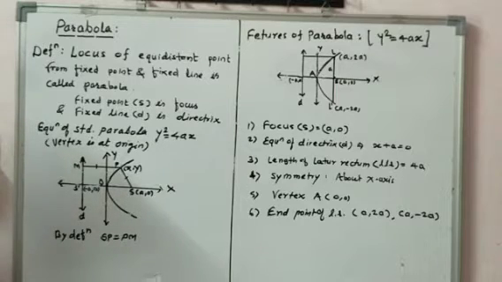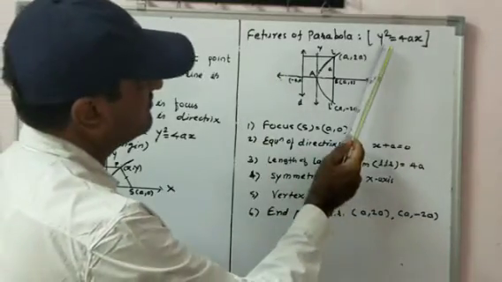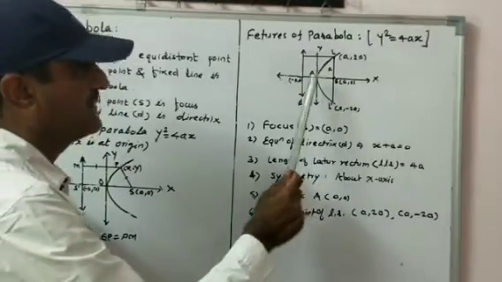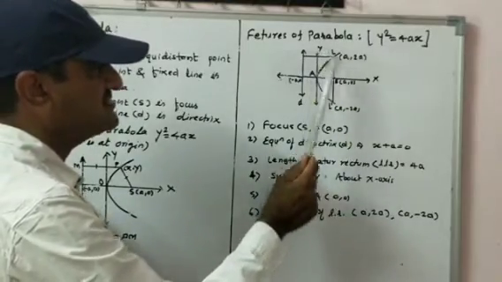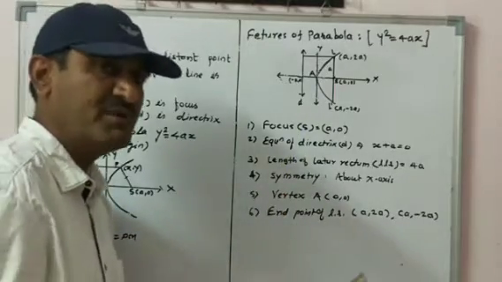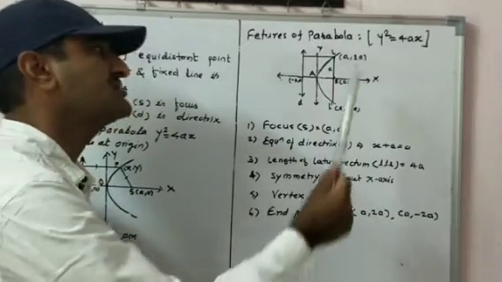Now let us see some features of the parabola. Which are the features? Features of the parabola y square is equal to 4ax. We can draw the same figure. Here x-axis, y-axis. This is the focus. This is the directrix. We draw a line through the focus perpendicular to the axis.